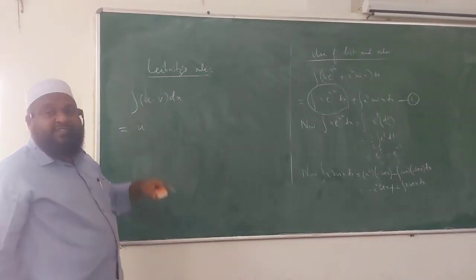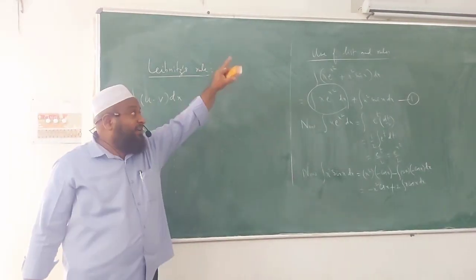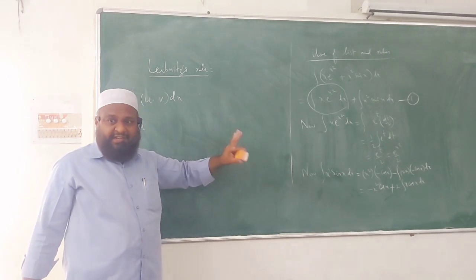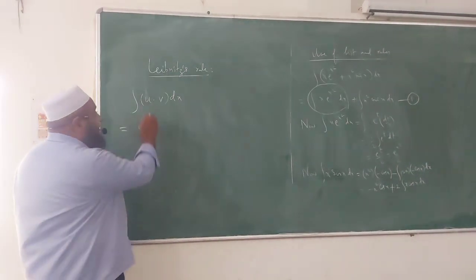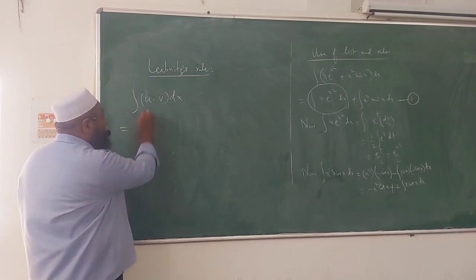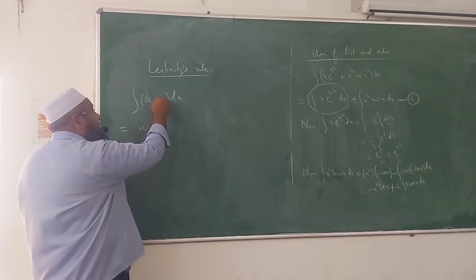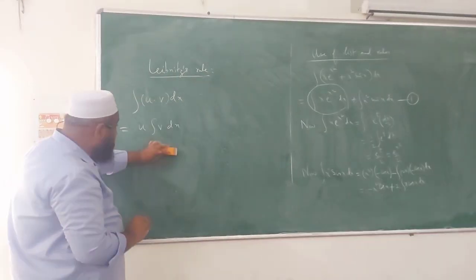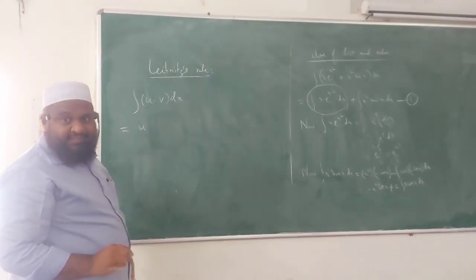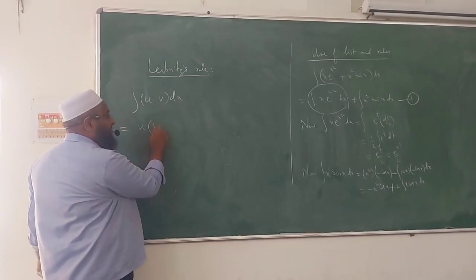Which is first function, which is second function? Same ILATE rule. First function, second function to be decided as per ILATE rule. That is done. Once it is done, this is u. Now take the integral of v dx. Okay, instead of writing integral v dx, I will simply say here v1.